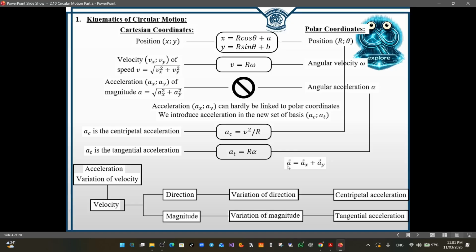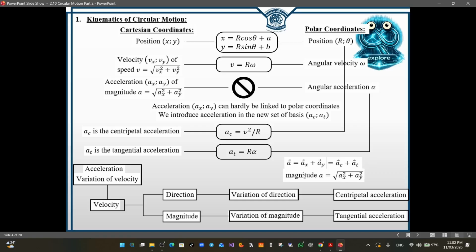Now, since we can write the acceleration in terms of ax and ay, the vectorial equation for the acceleration can be represented using ax vector plus ay vector. And this is equivalent to saying that the vectorial equation for the acceleration is ac plus at. So we can now describe the acceleration in two different ways. The first way is we use the bases i and j. In the second way, we use the bases centripetal and tangential.